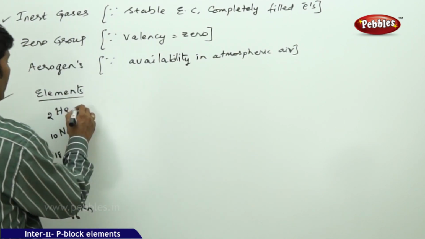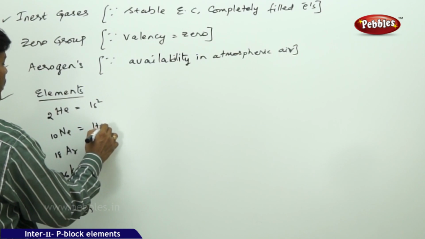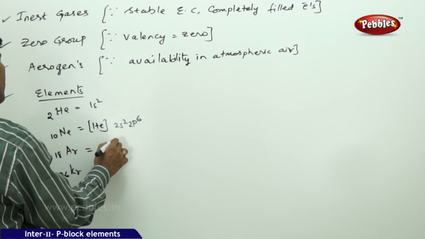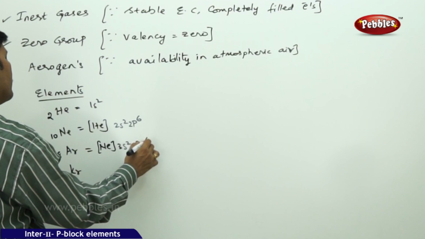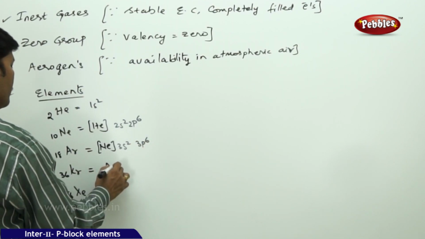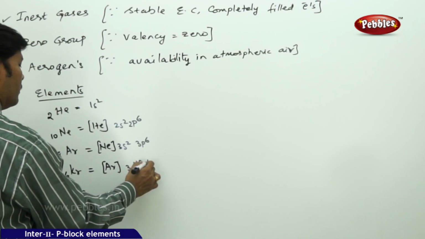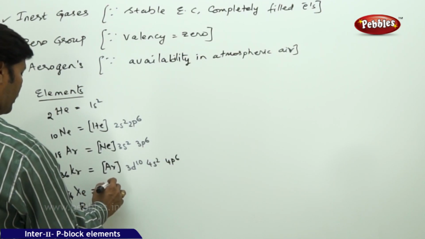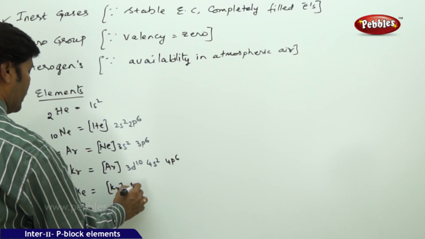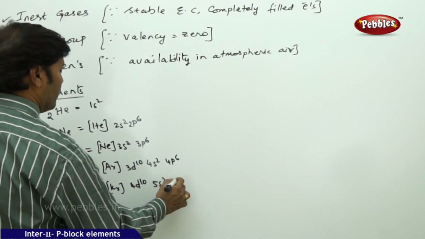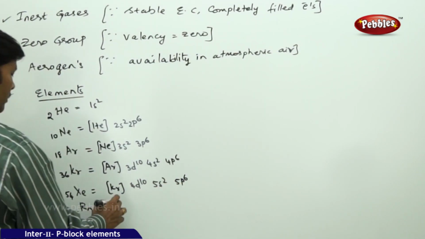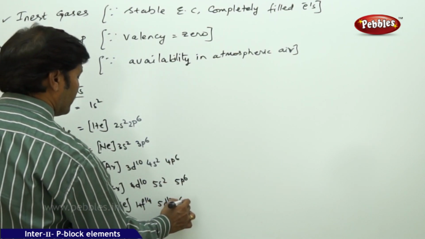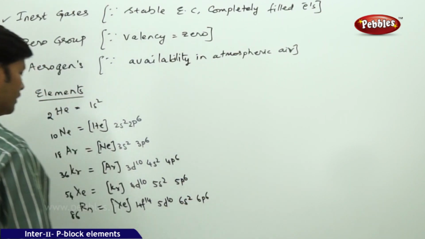Here the configuration for helium is 1s2, for neon 2s2 2p6, for argon 3s2 3p6, for krypton 3d10 4s2 4p6, for xenon 4d10 5s2 5p6, and for radon 4f14 5d10 6s2 6p6.